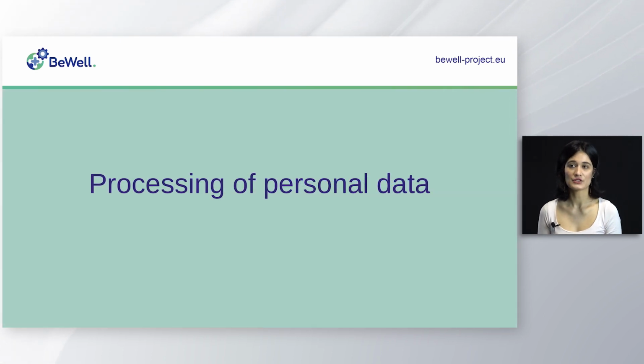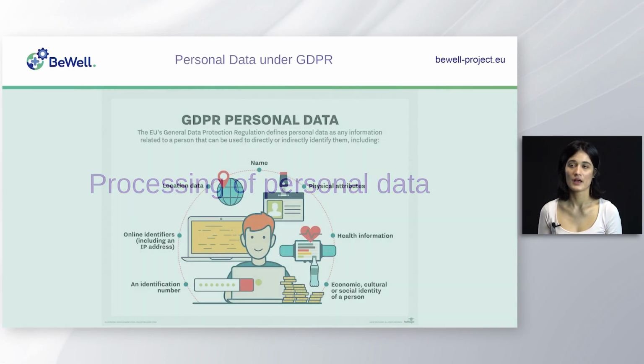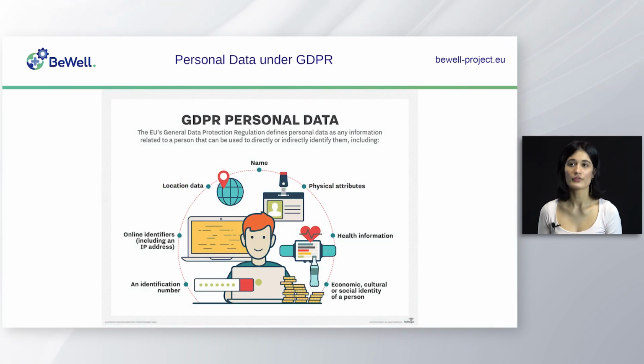Personal data under GDPR. Article 4.1 of Regulation 2016/679 GDPR defines that personal data is any information relating to an identified or identifiable natural person, data subject.